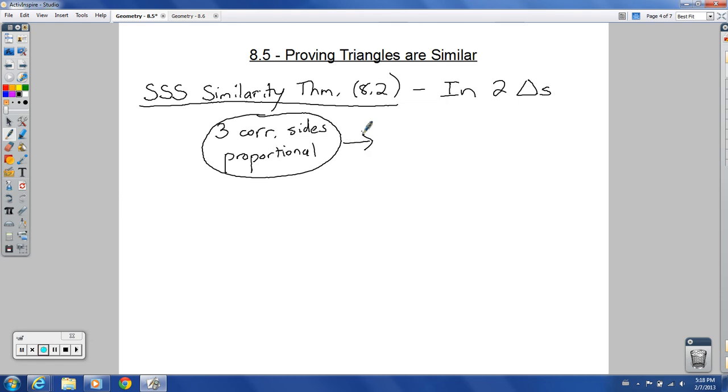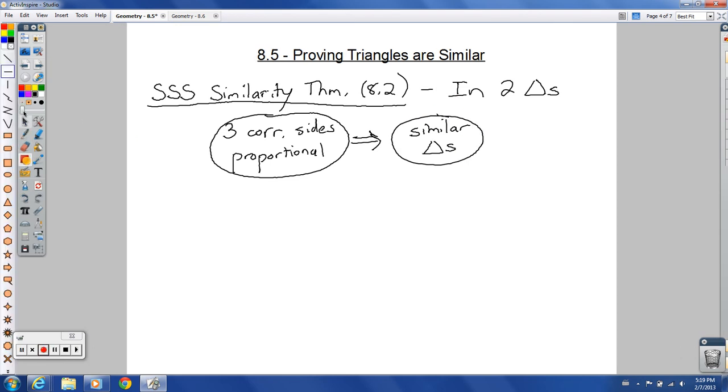We can use the single arrow or the double lined arrow, either way. That implies we have similar triangles.